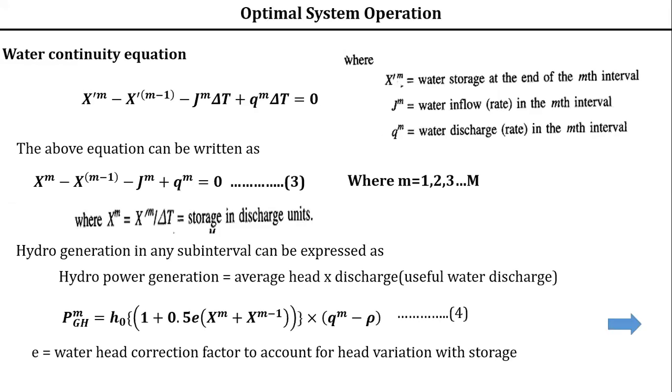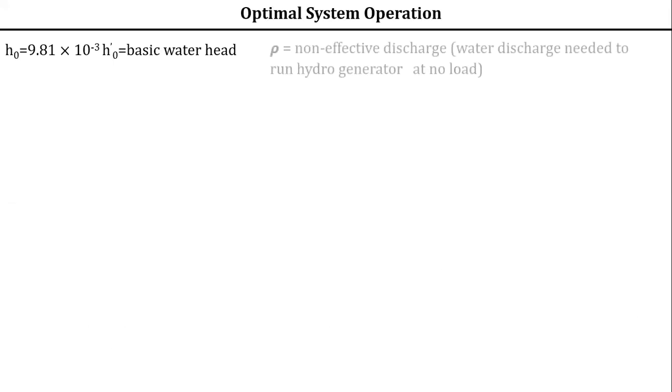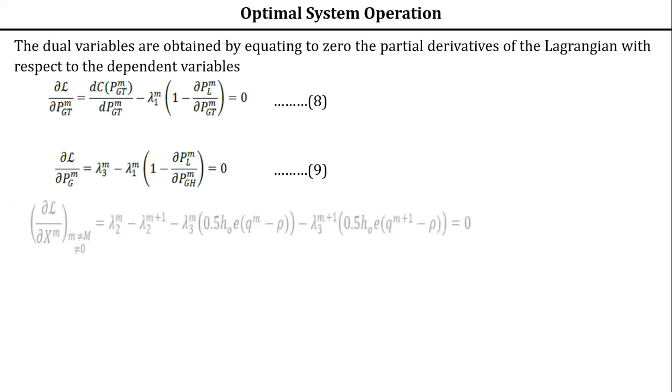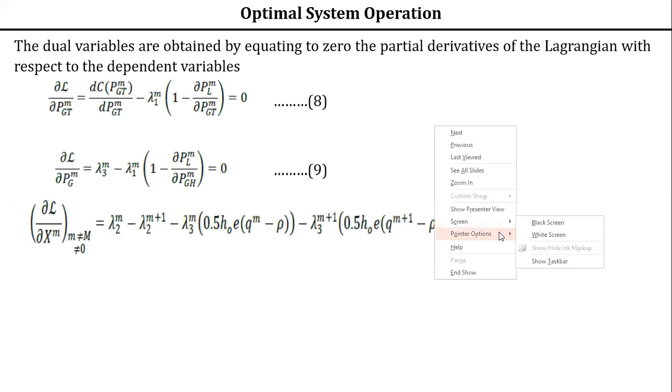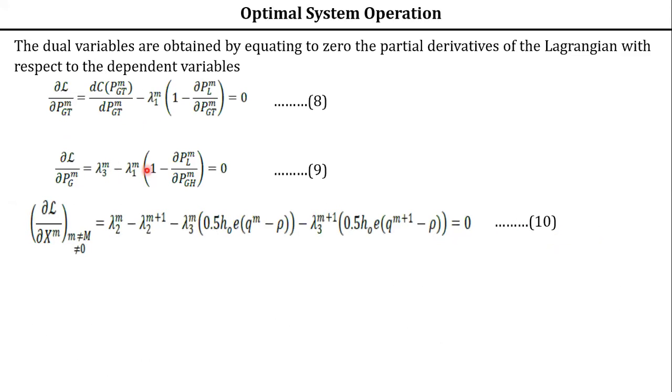Now you see equation 8. This is your 8. From this one you are going to get lambda 1m. From 9 lambda 3m you are going to get. Okay.